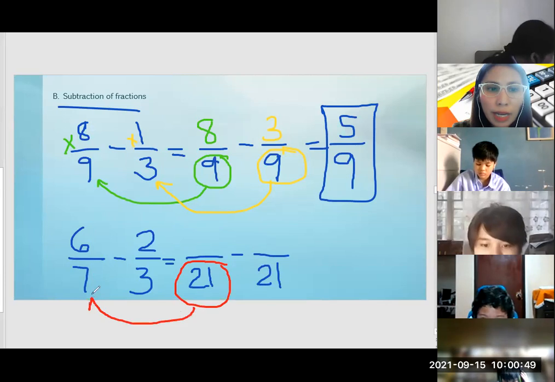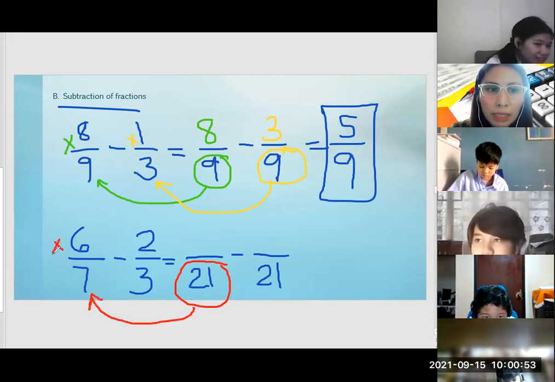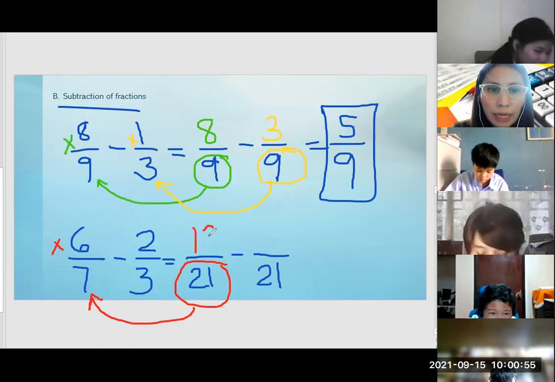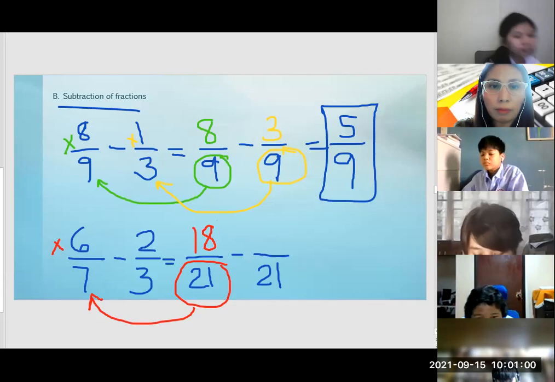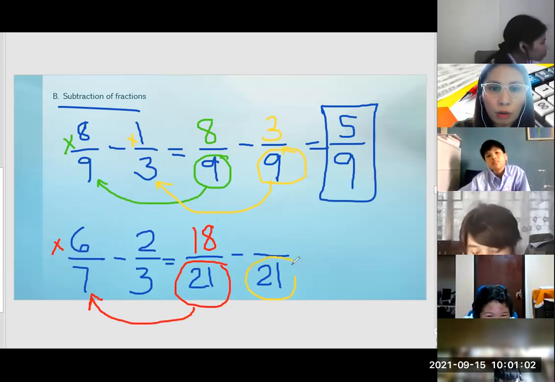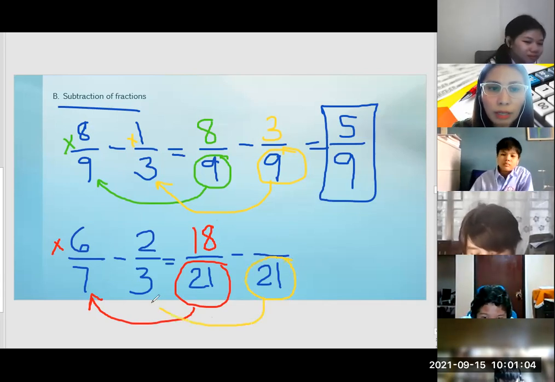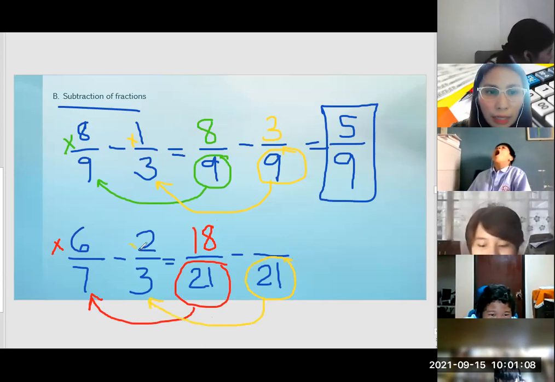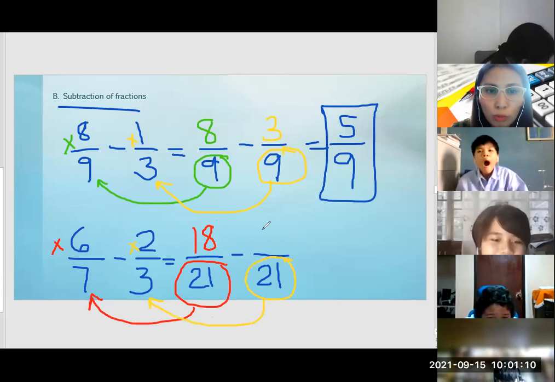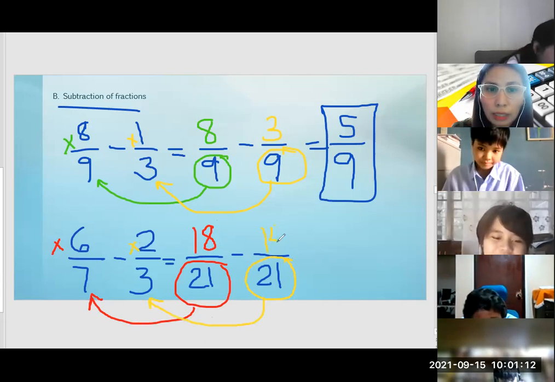21 divided by 7, it's 3 times 6, 18. 21 divided by 3, it's 7 times 2, 14.